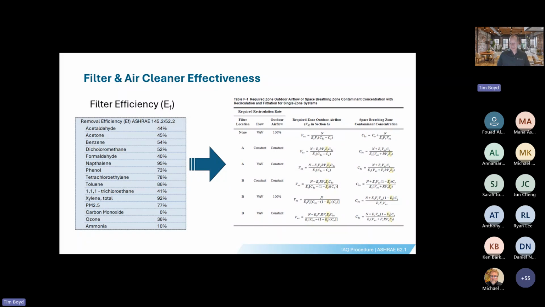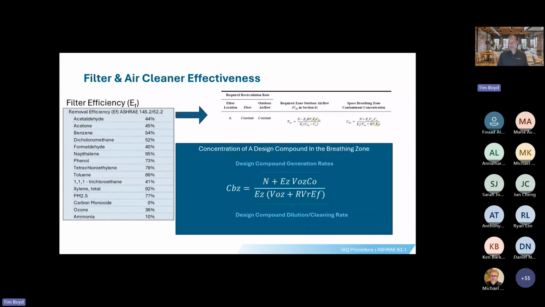The higher the E sub F, also the higher the V, the volume of air that you're recirculating through your air cleaner, the less capacity load you need on the outdoor air, right? You see that ability, that E sub F is very important, and thus giving you what you need fundamentally, so you can now start to lower your outdoor air. And if your outdoor air is highly pollutant, I'm going to blow this up a little bit here.